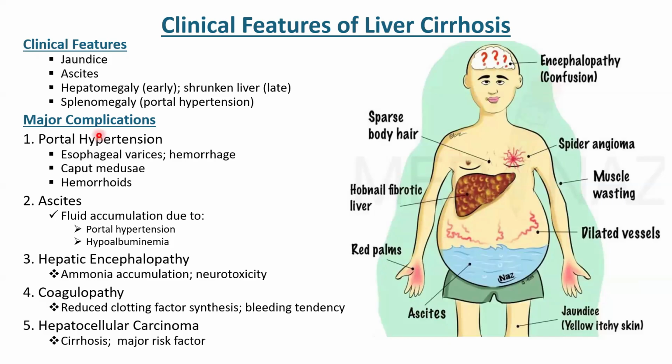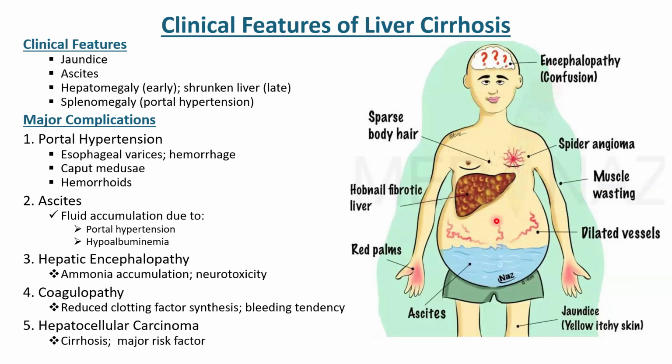So what are the complications of liver cirrhosis? One, portal hypertension. And this portal hypertension will occur with features such as caput medusae. You've heard about Medusa, or that movie with the snake-like hair. That is what will happen.